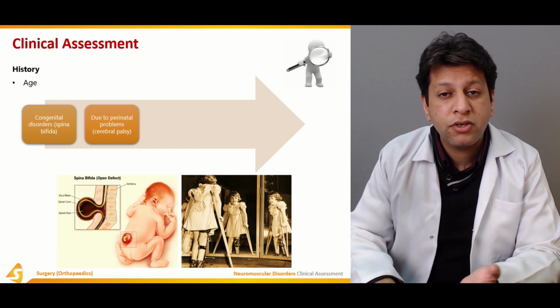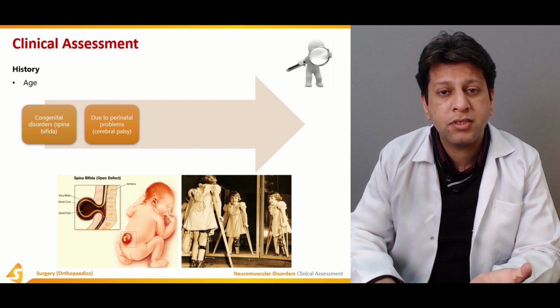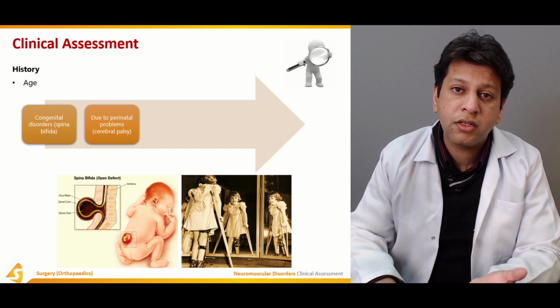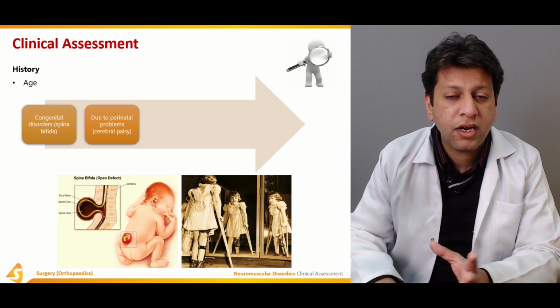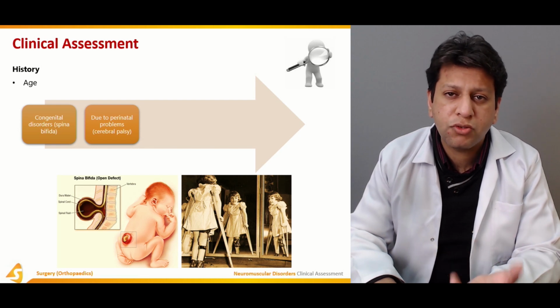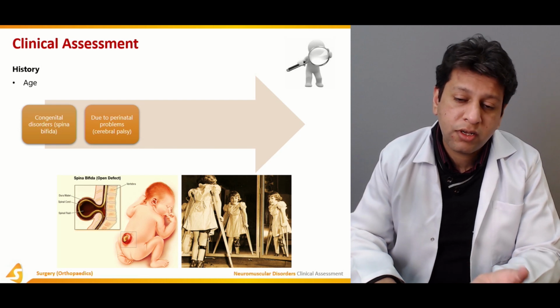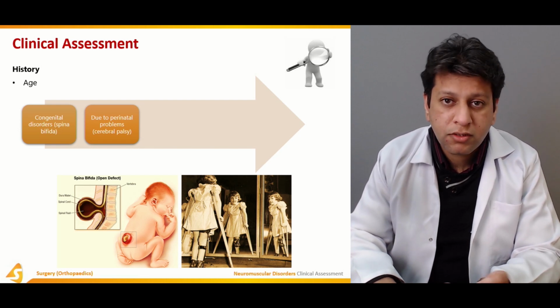Usually, these children have a history of delayed milestones; they are unable to sit or unable to walk, or are delayed in the walking age. This is a classical presentation, and parents usually bring their child and say he or she is not able to do this.